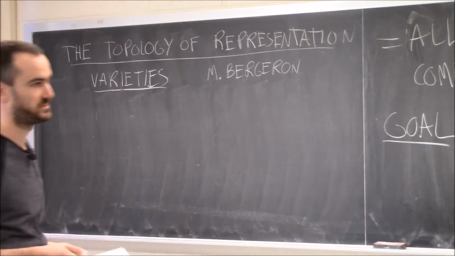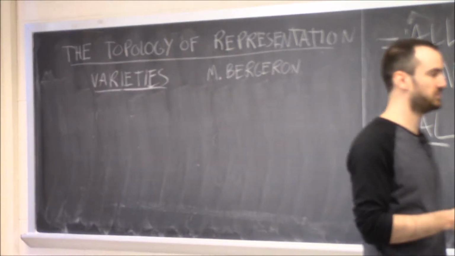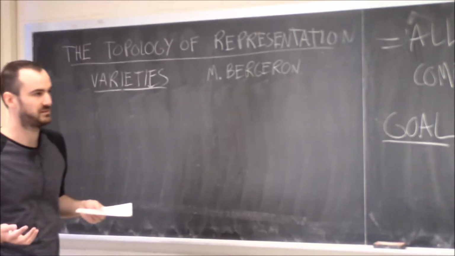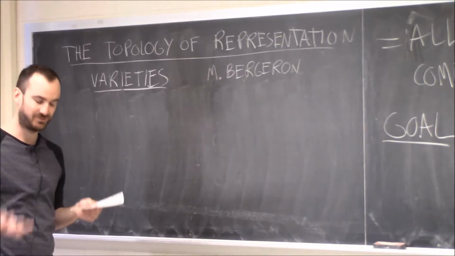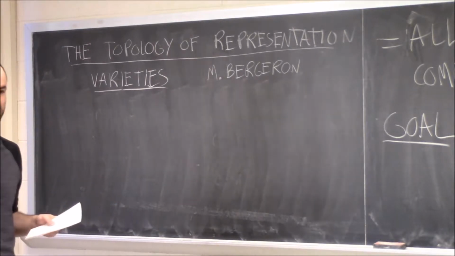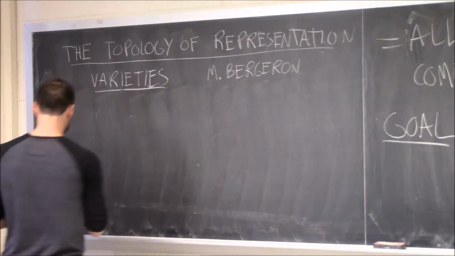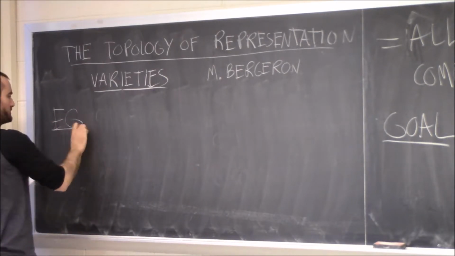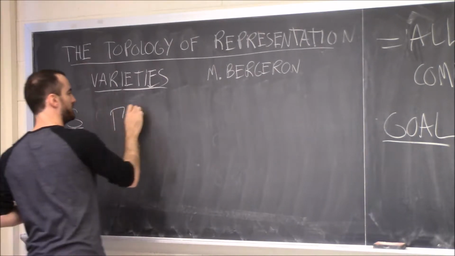So the spaces Hom(Γ, G) and Hom(Γ, K) will have very little to do with each other, and this can happen dramatically in the sense that sometimes you have entire new components of representations that can appear out of thin air.